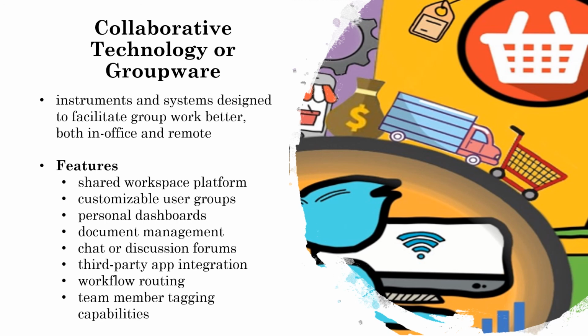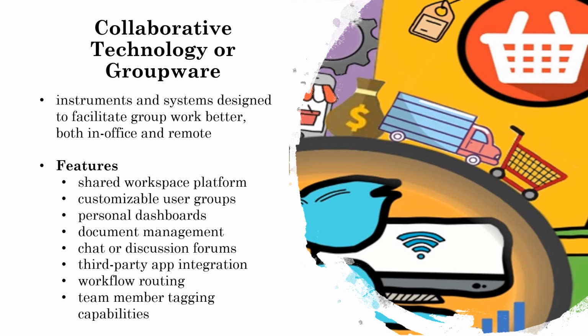These pieces of technology, also known as groupware, buffer the cost and time associated with promoting group work, from designing roles and responsibilities to documenting, testing, and authorizing project components. While there are dozens of choices for collaborative enterprise technology in the marketplace, most tools are defined by a few core features.